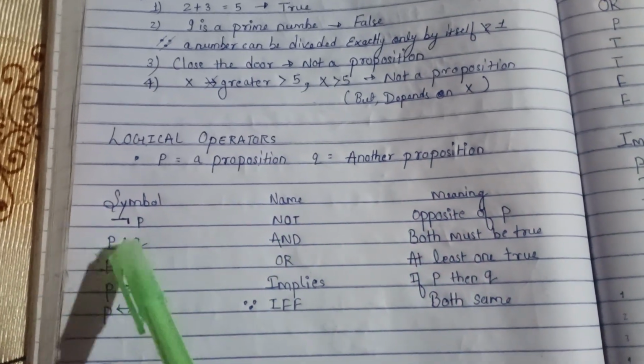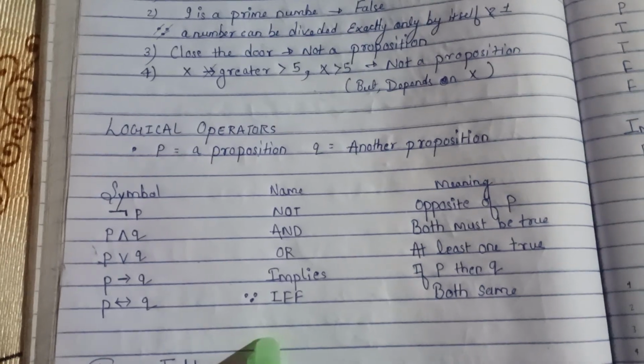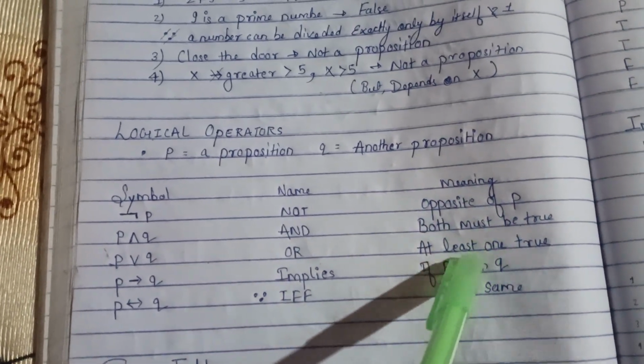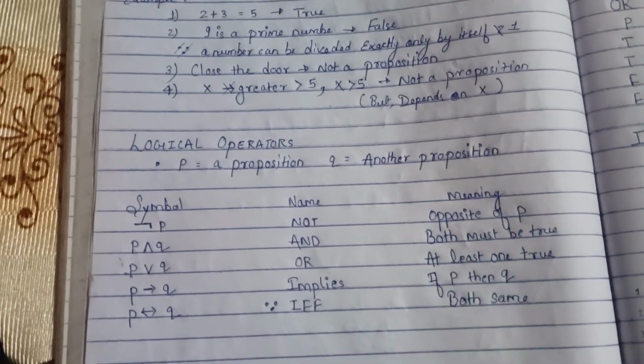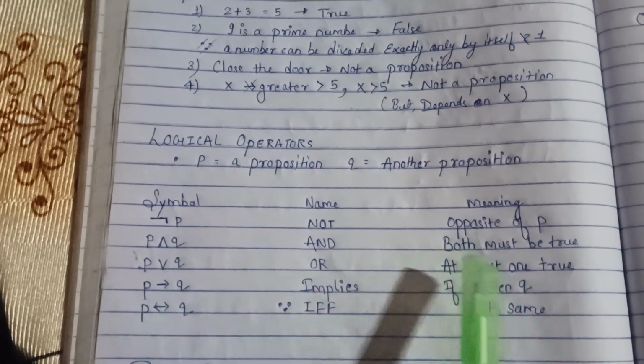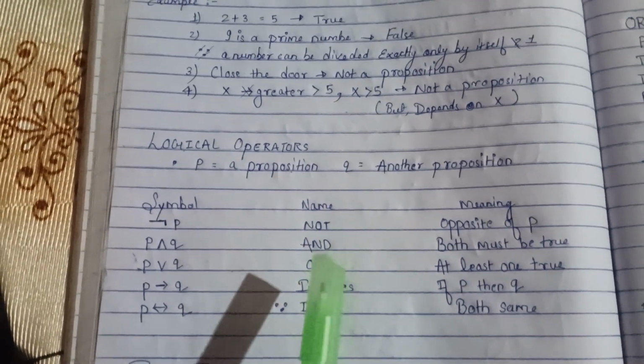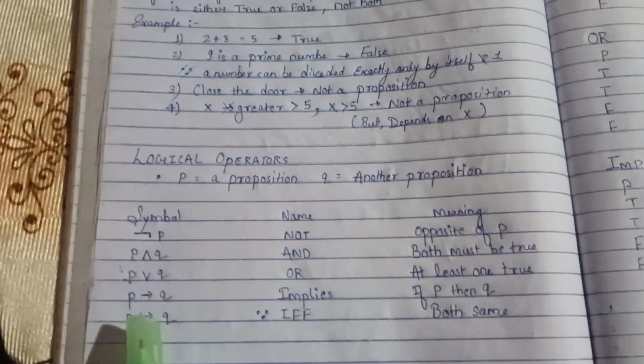Then P or Q: at least one is true. Either P can be true or Q can be true, but both should not be false, because we need one true.